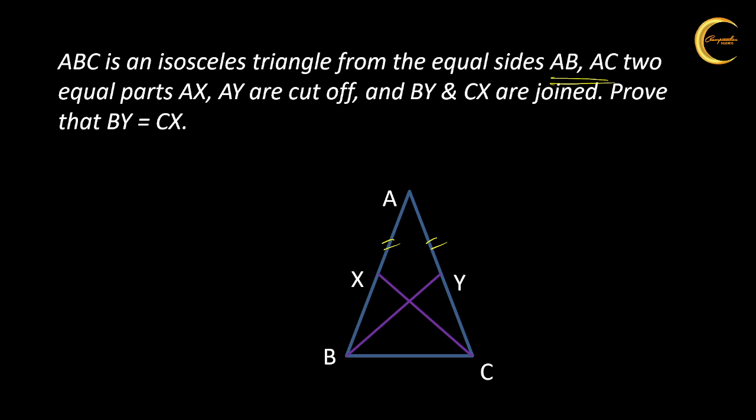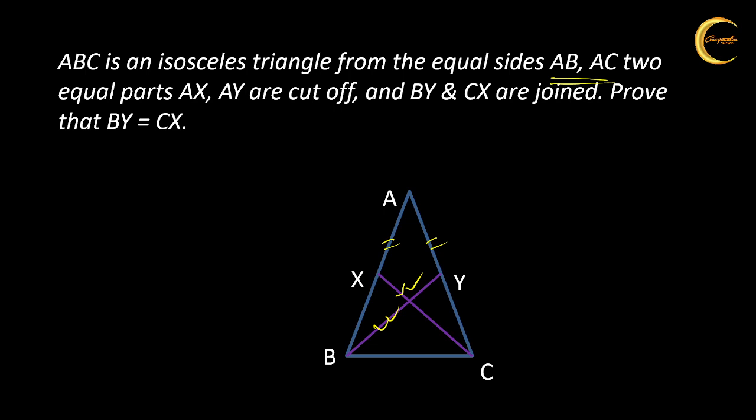This AX equals AY. Okay. And this BY and CX, these two lines are joined. And we have to prove that this BY equals CX.